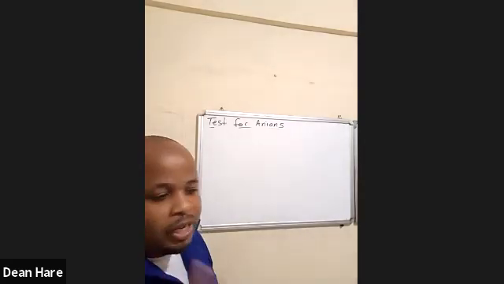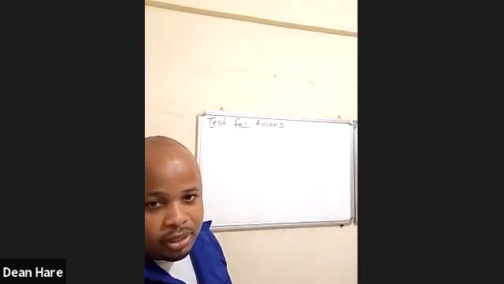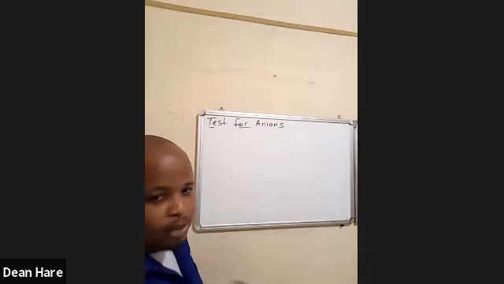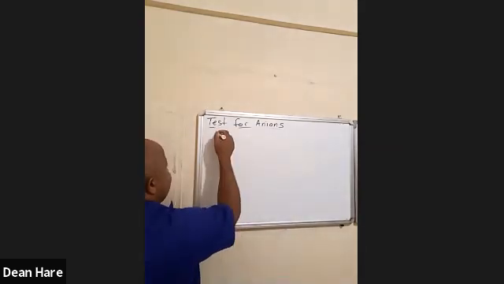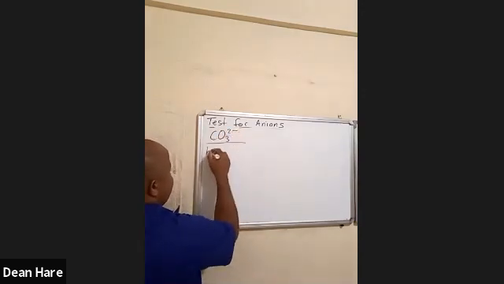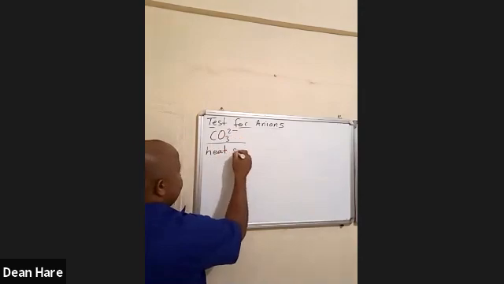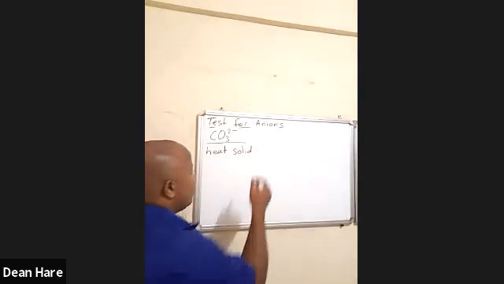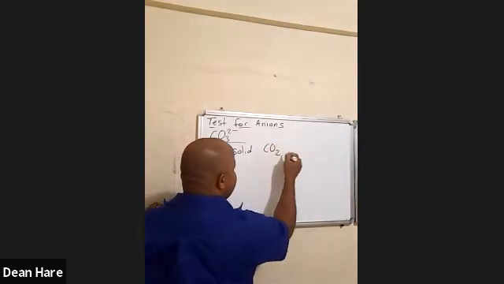Like for instance, if you heat calcium carbonate and it decomposes, we will get carbon dioxide. So if you are testing for the carbonate ion, you can heat this solid, and CO2 will be produced.